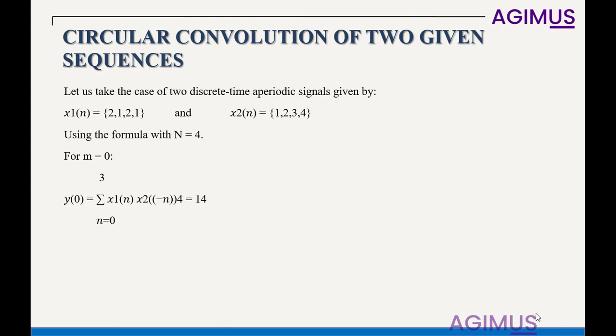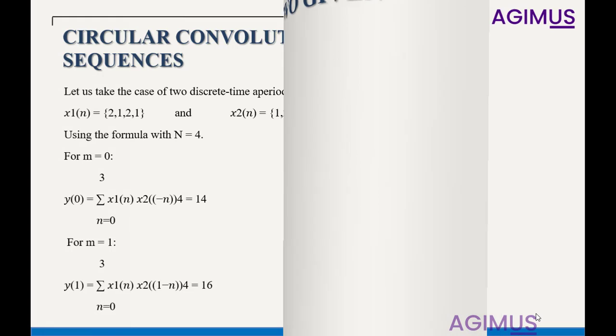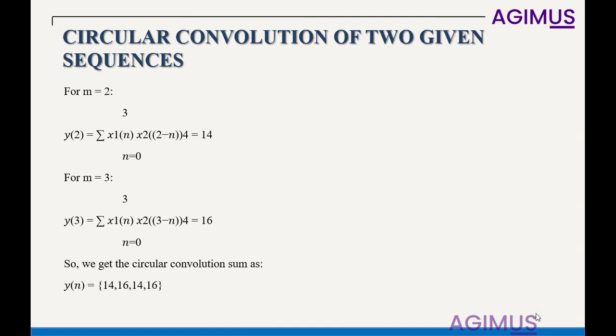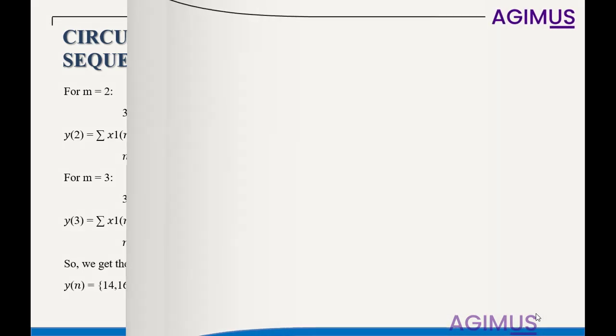When I substitute the values in my equation, for m equal to 0, I get y0 equal to 14, for m equal to 1 I get 16, for m equal to 2, 14, and for m equal to 3, again 16. So we get the circular convolution sum as 14, 16, 14, 16.